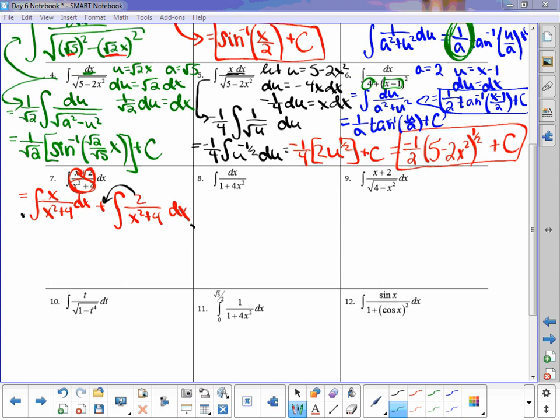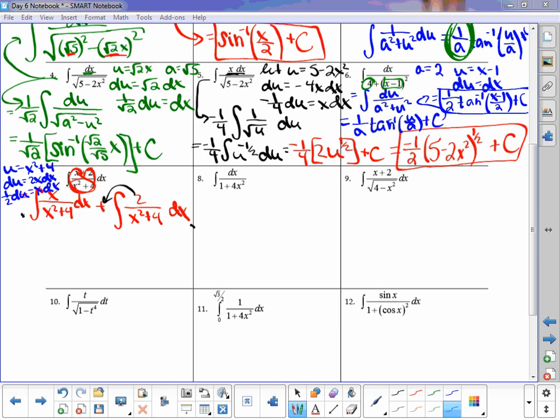Let's go ahead and finish off this problem here. All right, focus back up front, please. So let's start off with the left side. You guys said u sub, so what should we let u be? x squared plus 4. So du is 2x dx, and I need that 1/2 du.